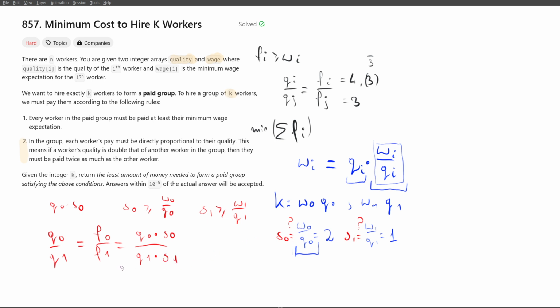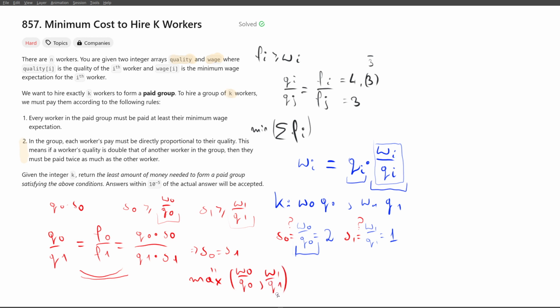If this thing is equal to this thing, then we get that S0 is equal to S1. S1 has to be at least this, S0 has to be at least this, and they have to be equal. So they have to be equal to the maximum of W0 over Q0 and W1 over Q1.